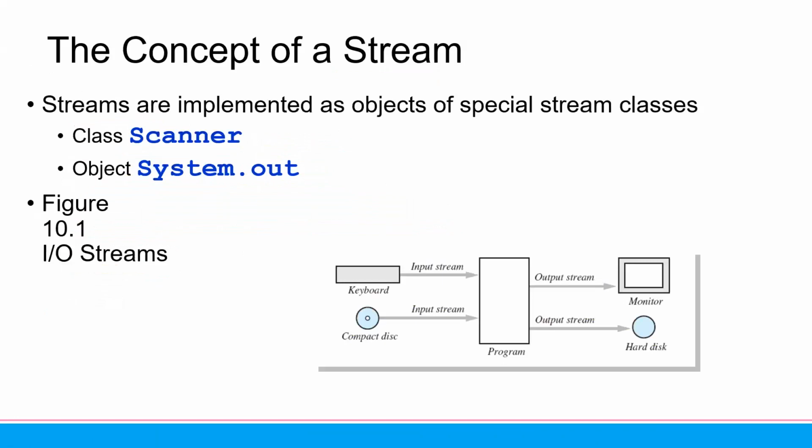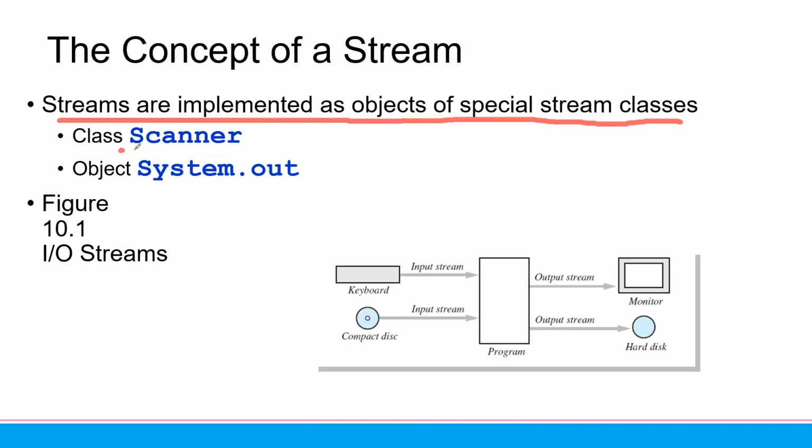When we learned about the Scanner, it is one of the classes that we can use to indicate the stream. So streams are implemented as objects of special stream classes.